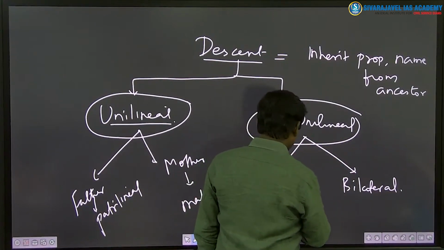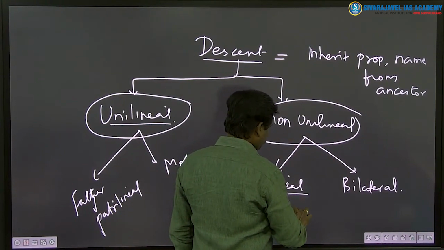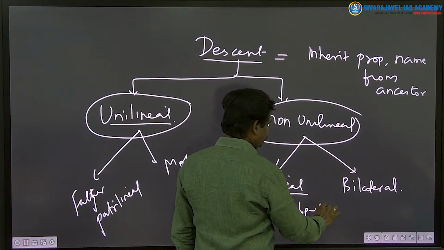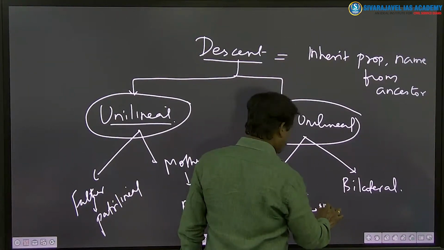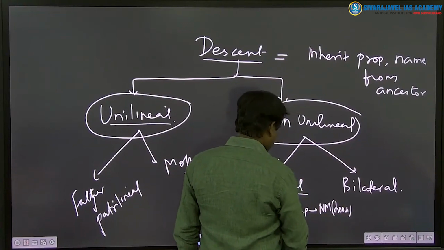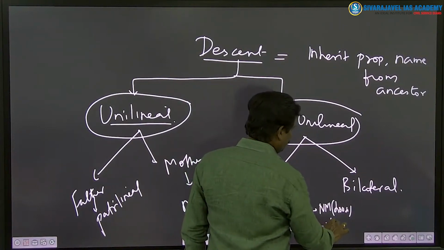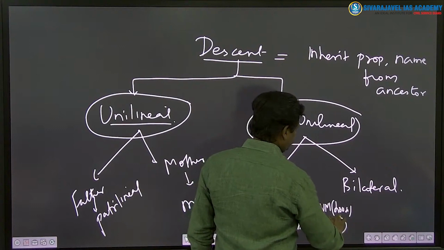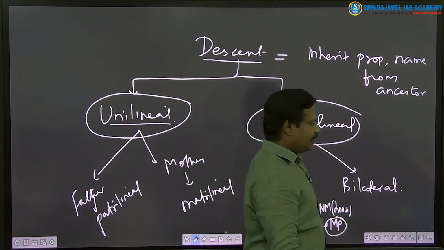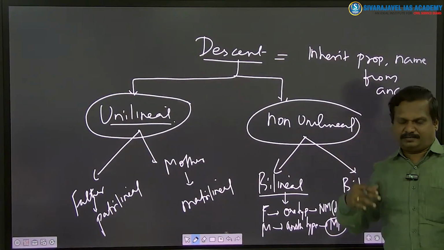Bilineal means from the father's side you get one type of property, say immovable property like a house. From the mother's side you get another type of property, say movable property. From father's side you are getting a house, from mother's side you are getting, say, gold and jewelry.